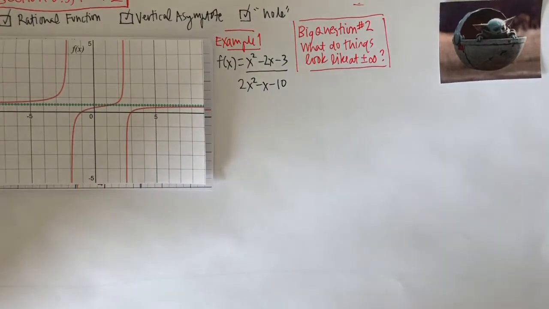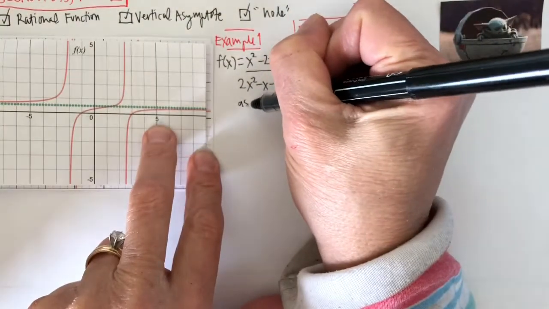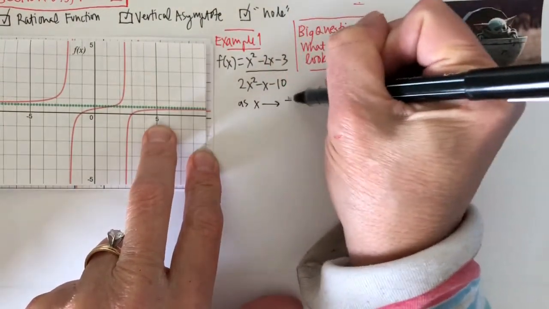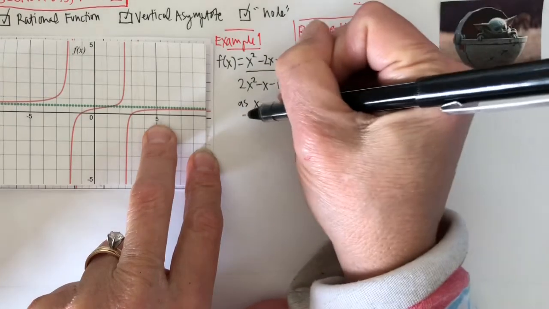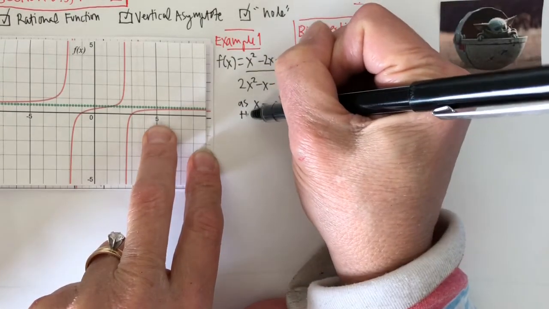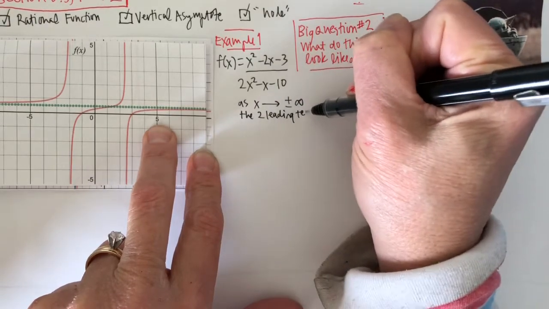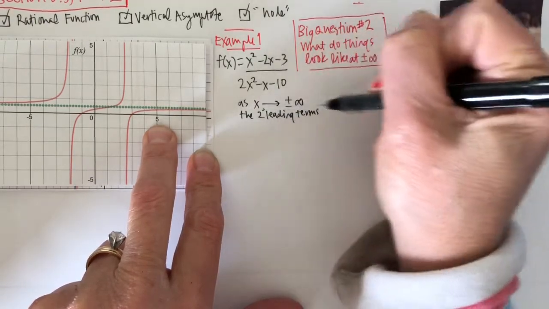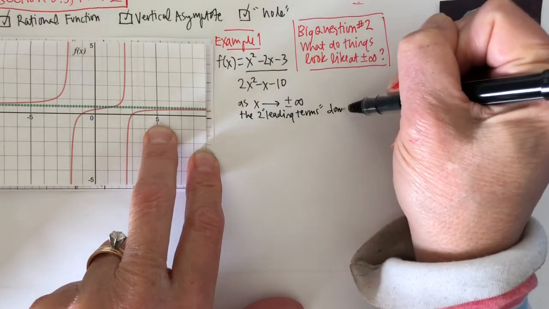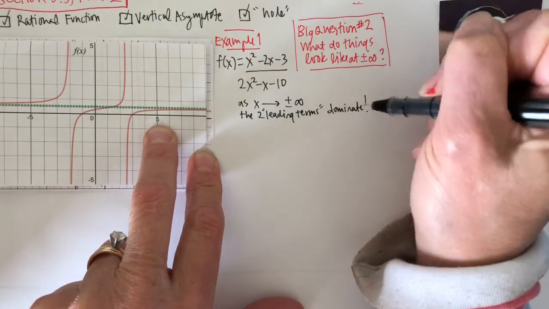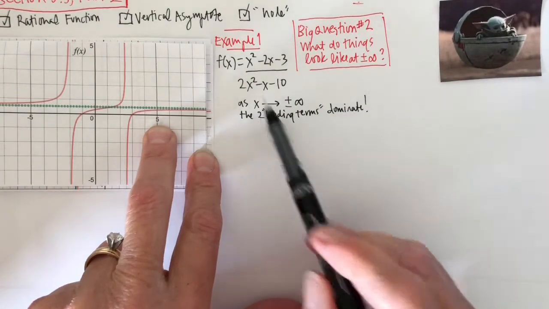So as x approaches plus and minus infinity, the two leading terms dominate for sure. And what do I mean by leading terms?